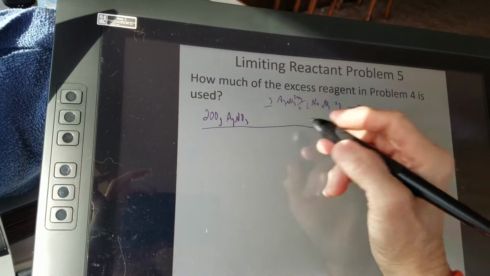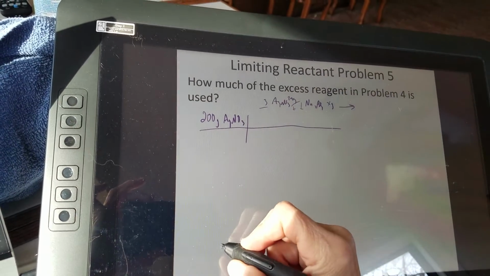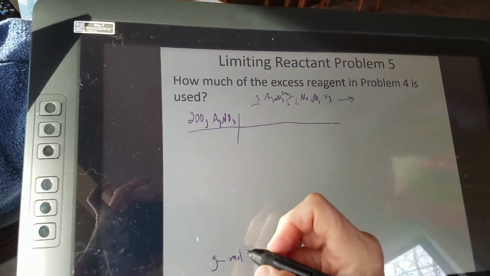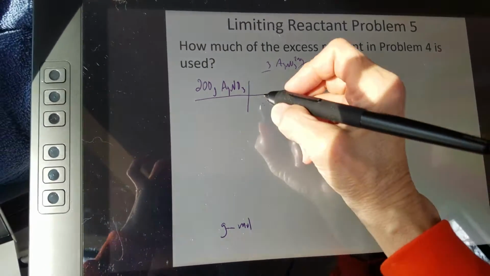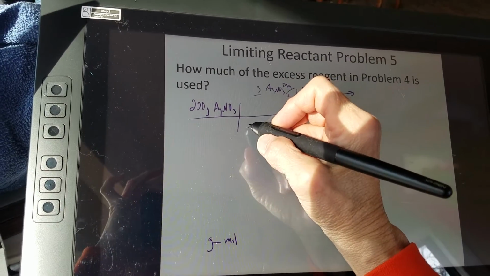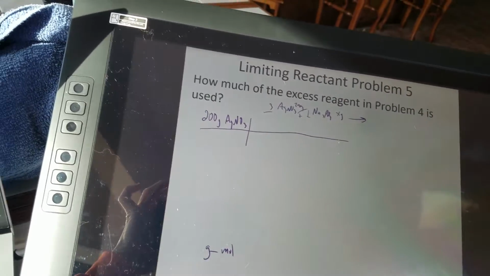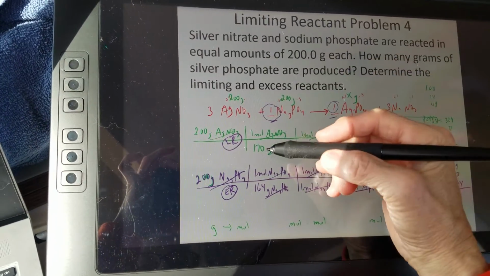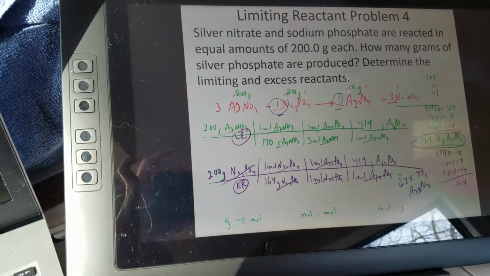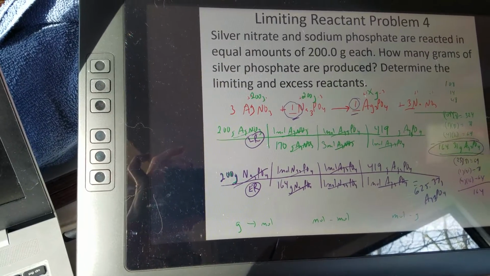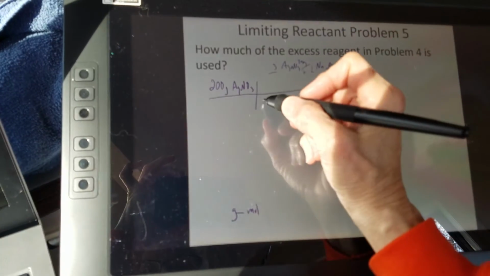So the first thing I'm going to do is grams to moles, just like we always do. If I go back a couple slides, just so you can see, the amount of grams was 170. That's our gram formula mass for the silver nitrate.